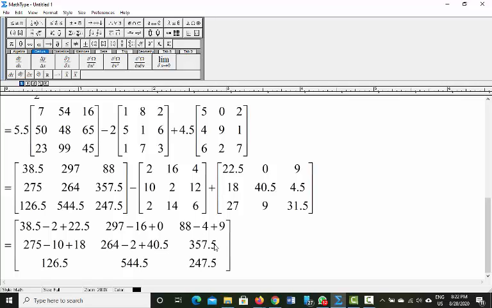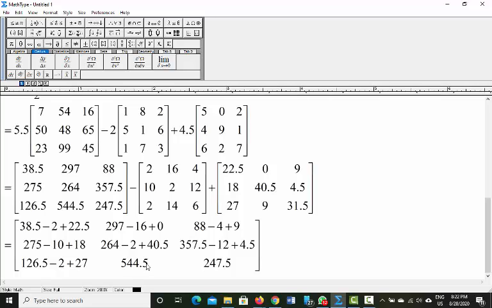From this one we will deduct 12 plus 4.5 plus 4.5. From this one we will deduct 2 and we will add 27.